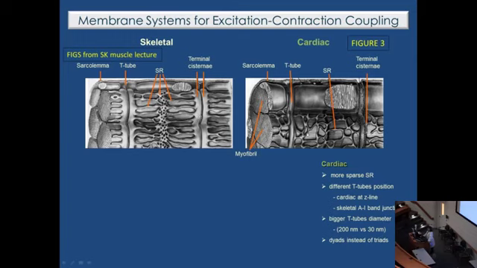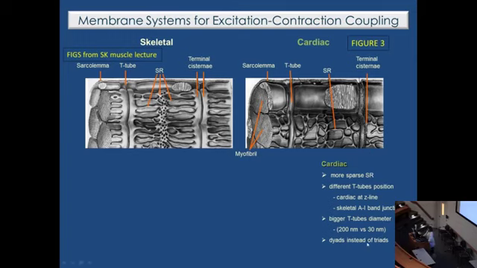And this is what explains, for instance, when there is an increase in extracellular potassium, remember hyperkalemia, why the skeletal muscle is more sensitive to the effects of hyperkalemia, because you can imagine that here we have a smaller volume, so potassium accumulates more easily here than in cardiac.